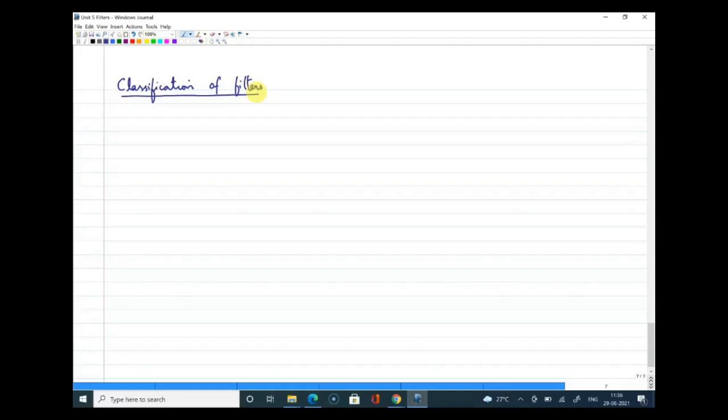Right. So let me write that here. The very first classification of filters is based on the frequency band they pass or reject.